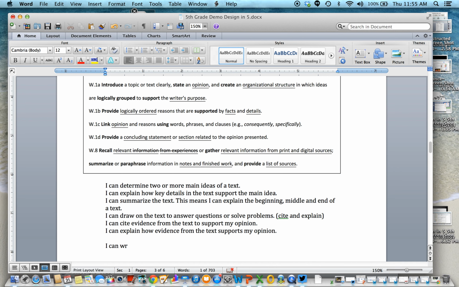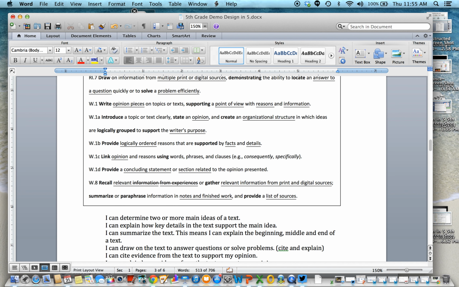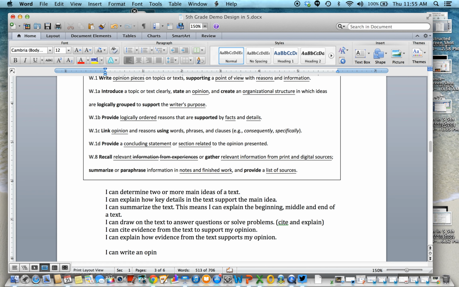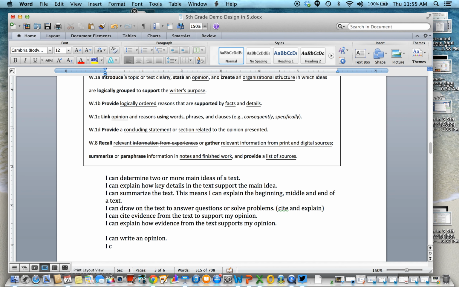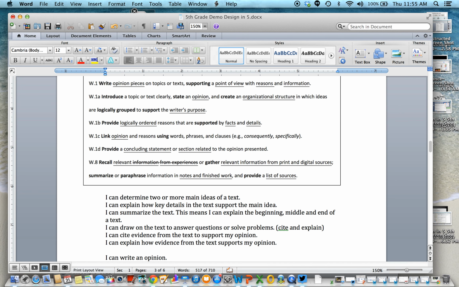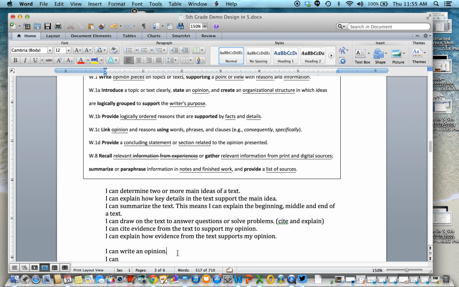So I can write an opinion. And I think it's more of a, I can write an opinion using support from the text and reasoning. Okay.